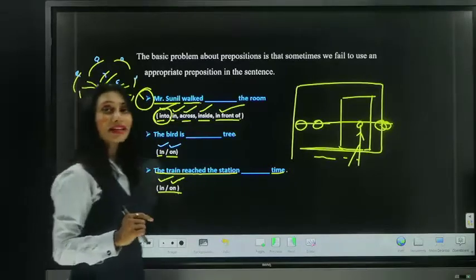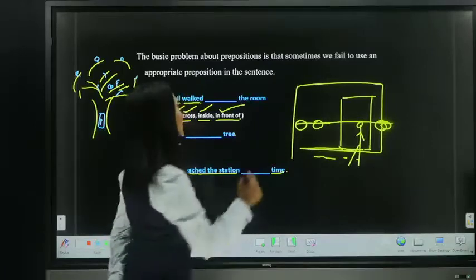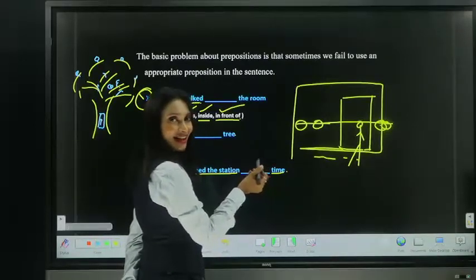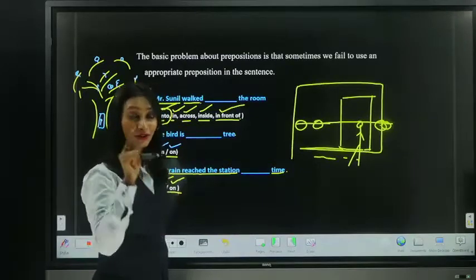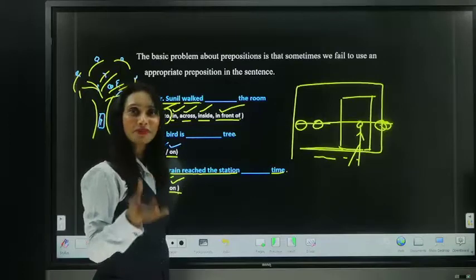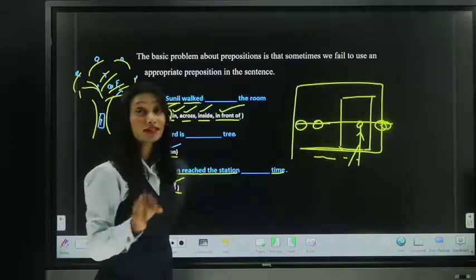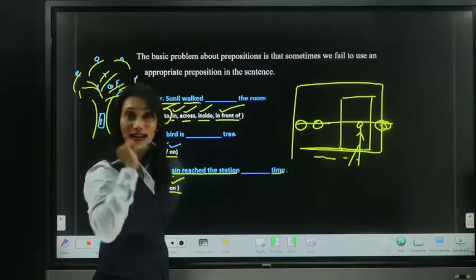So with this you might have understood the concept that prepositions are very difficult to choose unless you know the situation. Yes. So if you understand the concept, it will become easy. Otherwise, it will always be confusing. Prepositions are always a confusing concept unless you understand them clearly.